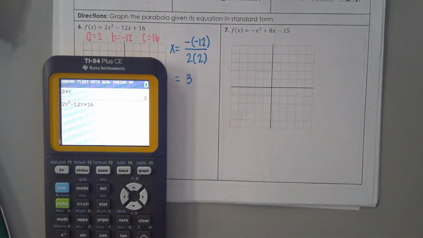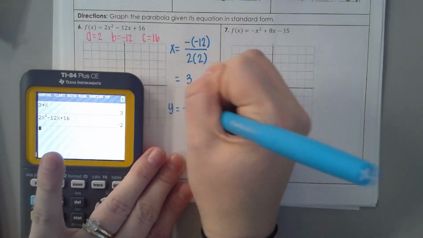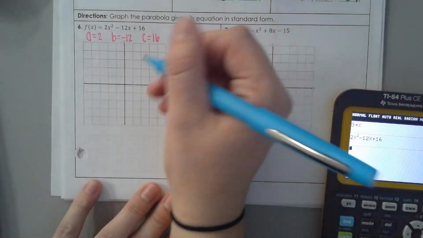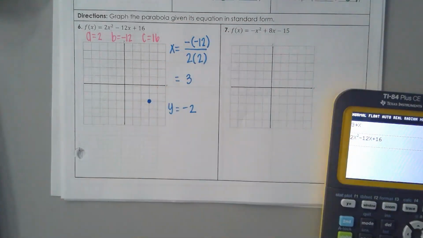So type it into the calculator, and that's going to give you the y value of your vertex. And I got -2. So we have a vertex at the point 3, -2.